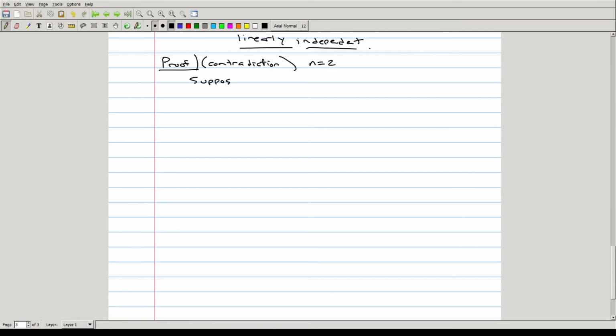Suppose u1 and u2 are linearly dependent, where lambda 1 and lambda 2 are distinct eigenvalues.